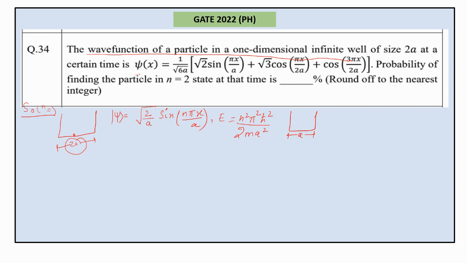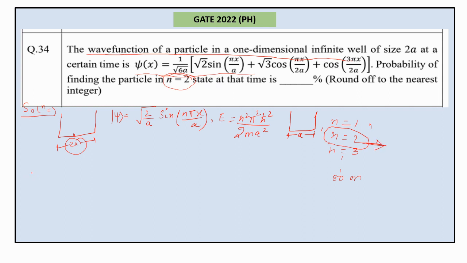So you are asked to find out the probability of finding the particle in the n equals 2 state. So n equals 1, n equals 2, these define states, and so on. You are asked to find out the probability of finding the particle in this state.